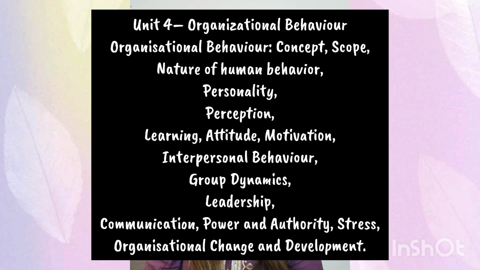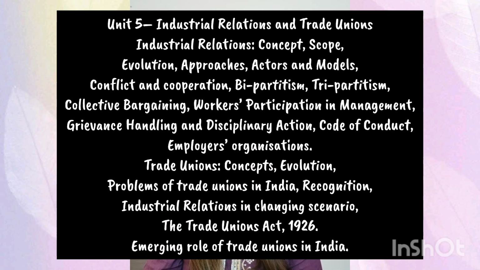Now we will move on to unit 4, organizational behavior. In this: concept, scope, nature of human behavior, personality, perception, learning, attitude, motivation, interpersonal behavior, group dynamics, leadership, communication, power and authority, stress, organizational change and development. Now comes unit 5, industrial relations and trade unions.